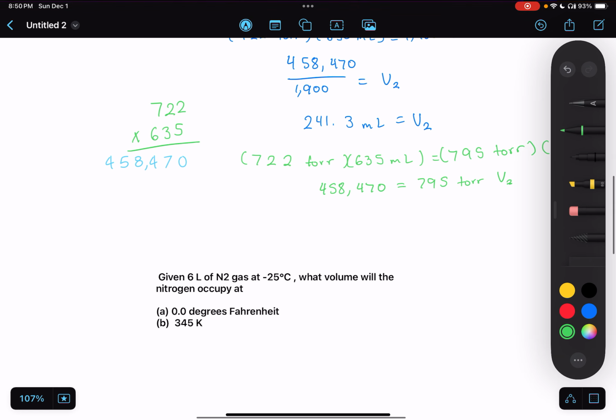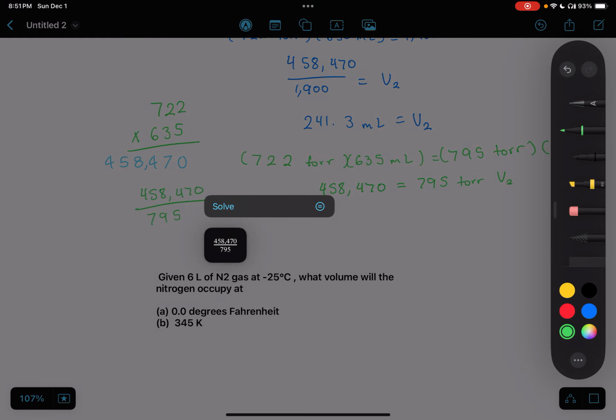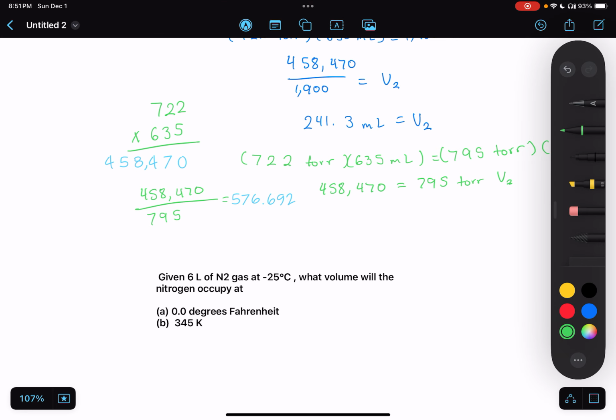So now divide 458,470 over 795. What's that equal to? 576.692.